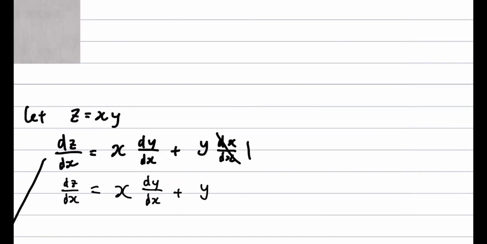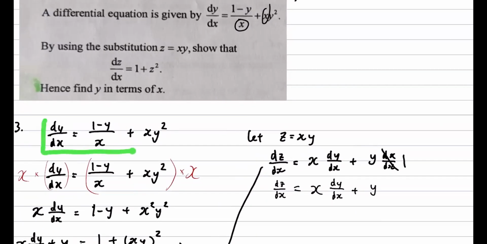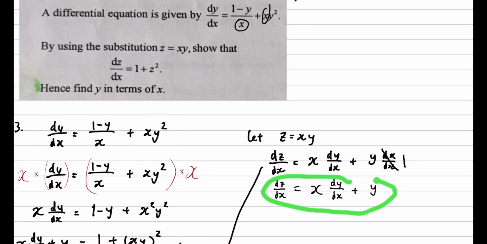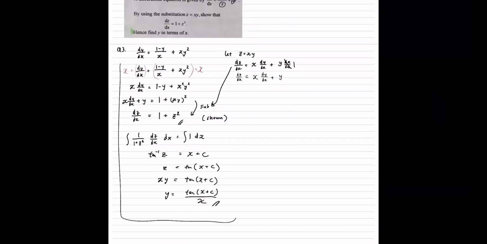Okay, good. So now let's take a look at the original differential equation we have. Dy by dx equals this. What do you notice? How is it similar to what we currently have about dz by dx? Maybe I should hide my solution first. Hold on a sec.